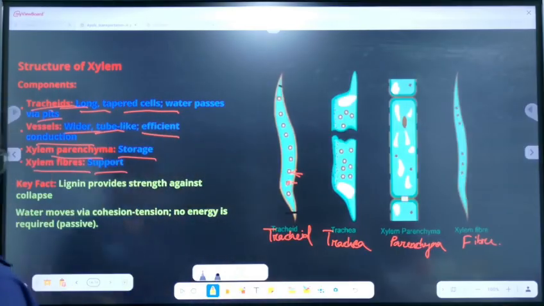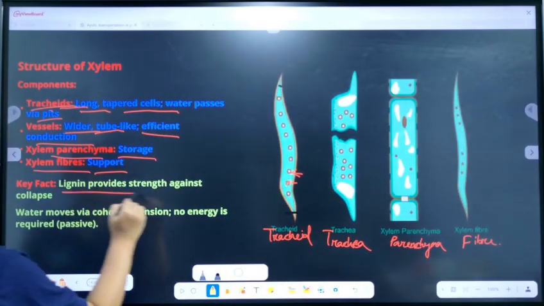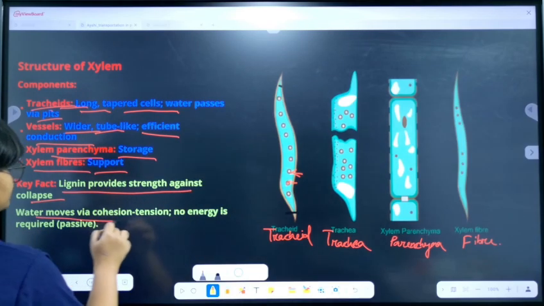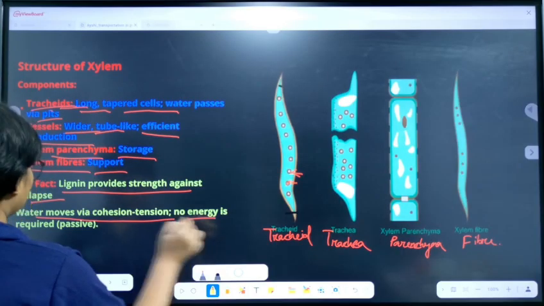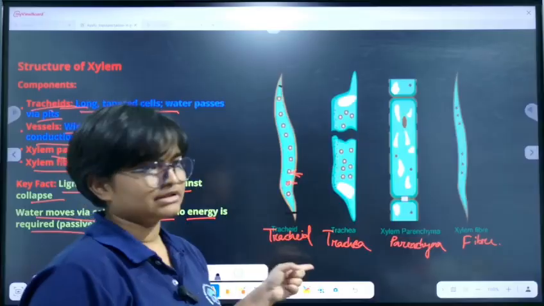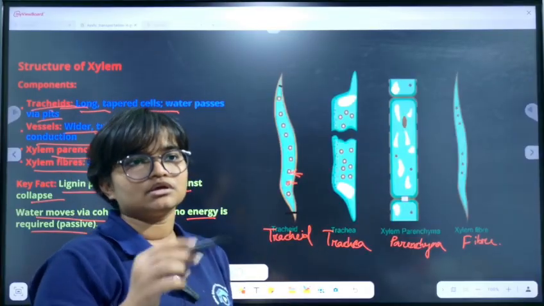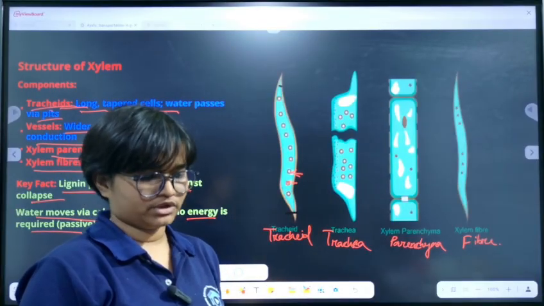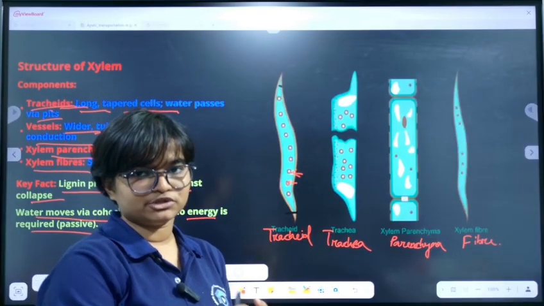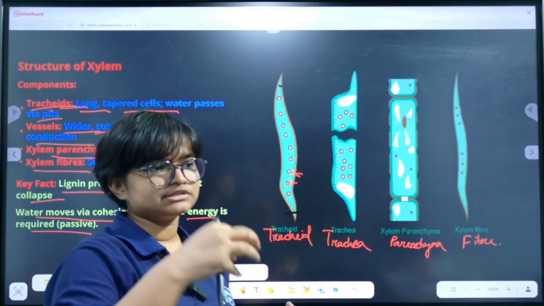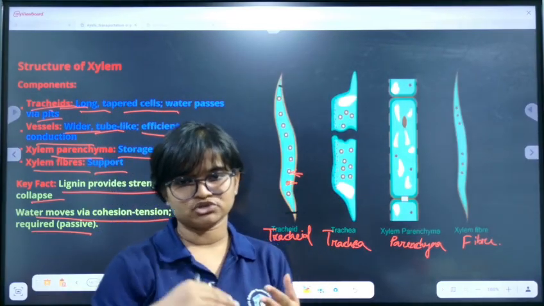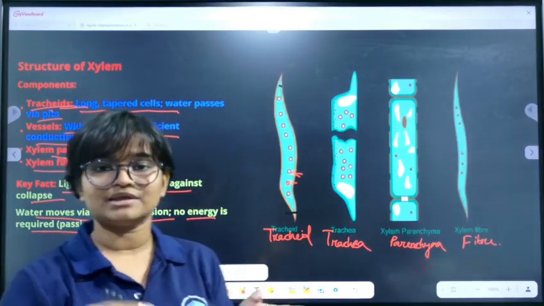Okay. So the key fact is lignin provides strength against collapse, and water moves via cohesion and tension. No energy required. As I have already told you, in the xylem there is no energy required. When the roots are absorbing the minerals, there is a disbalance in concentration of minerals between the soil and the roots.